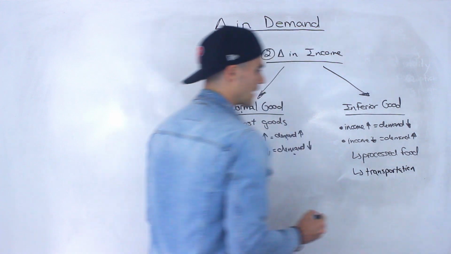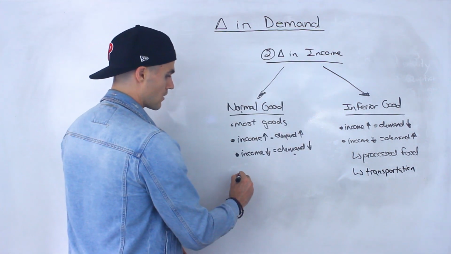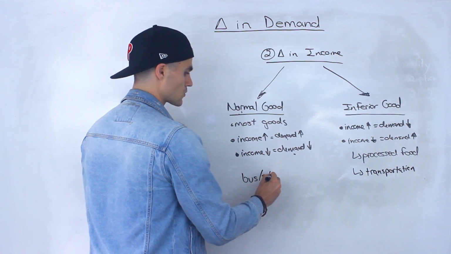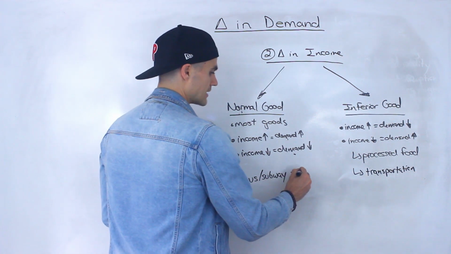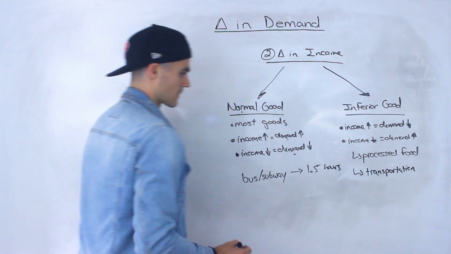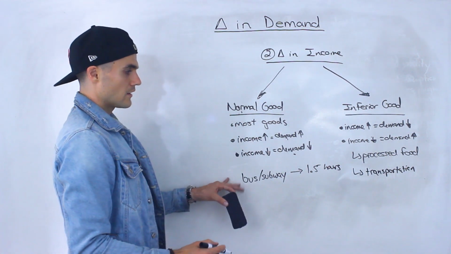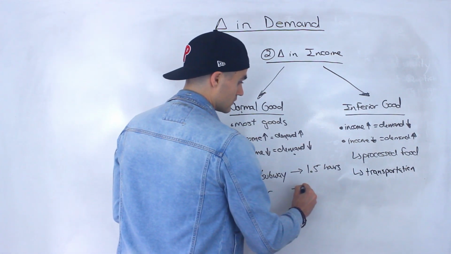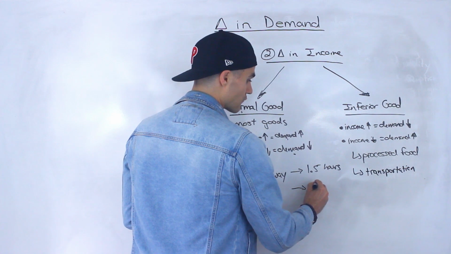Okay, so let's say that right now you take the bus or the subway to work and it takes you 1.5 hours. But let's say on that route, there's not a lot of traffic, so if you did have a car, it would only take you half hour.